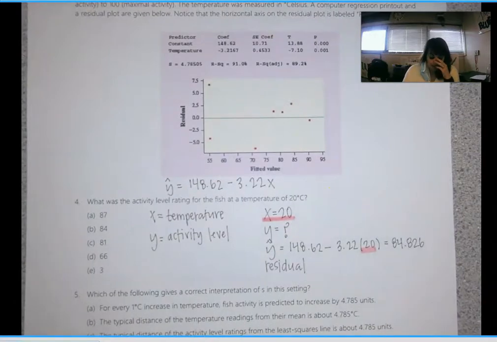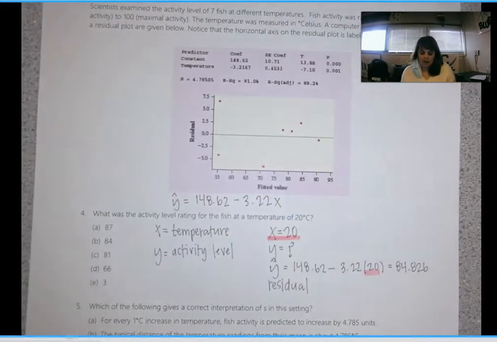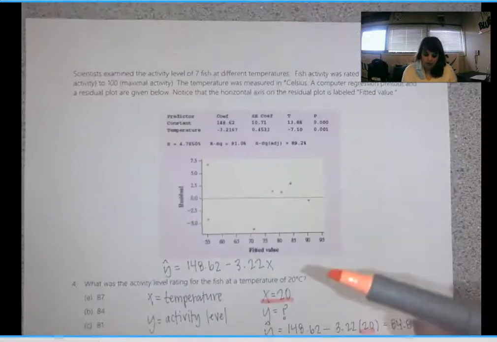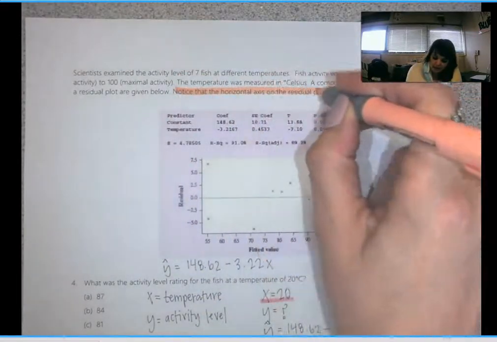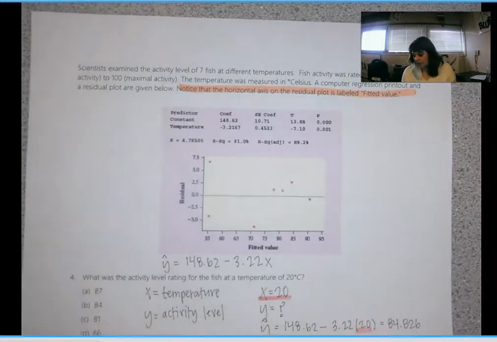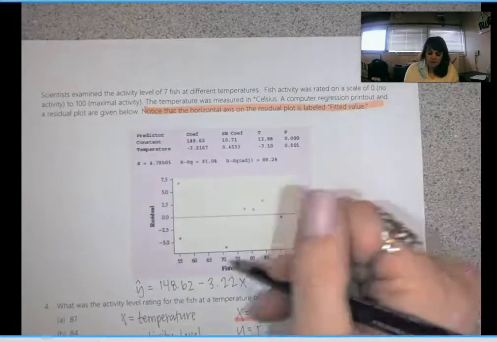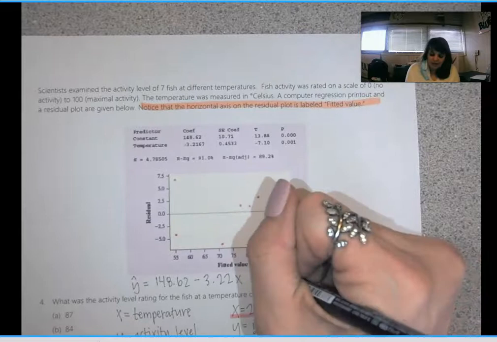We're looking at a residual plot, but they told us something that was really important in our explanation of the graph. They say, notice that the horizontal axis is labeled as fitted value. That means that this horizontal axis is y hat.